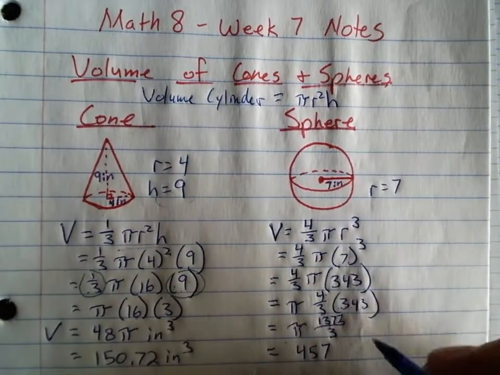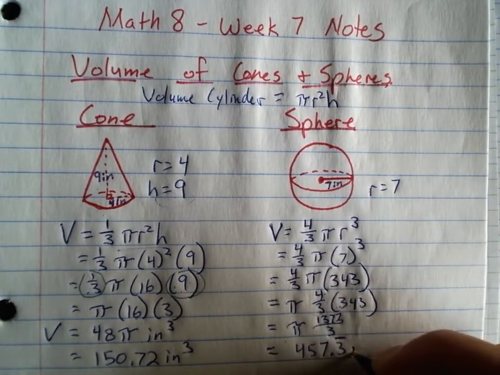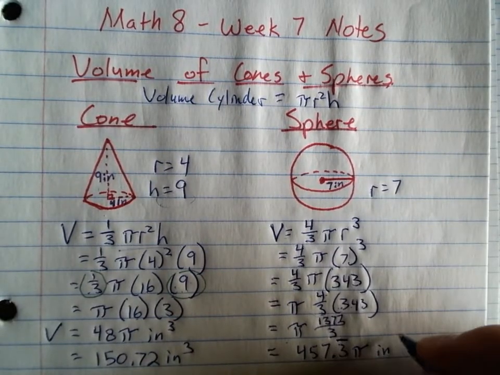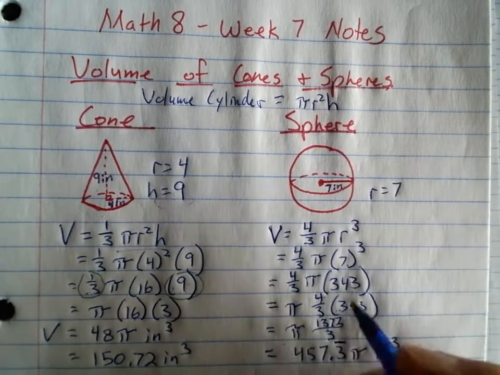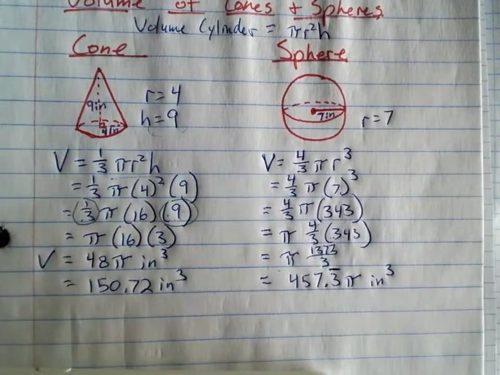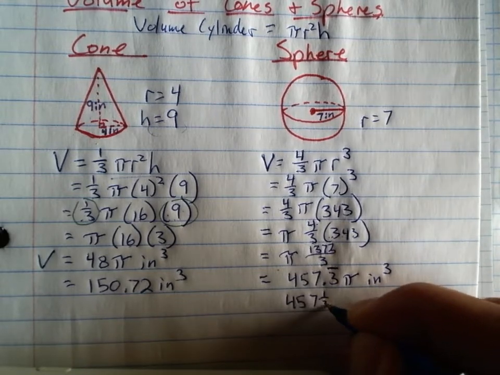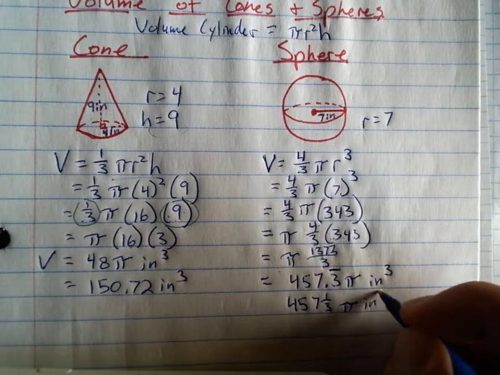You could write that in two ways. You can write it as pi, and then it's inches cubed again. You could write it as 457 and 1/3, because 1/3 is 0.3 repeating, pi inches cubed.